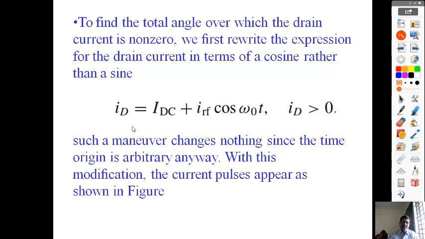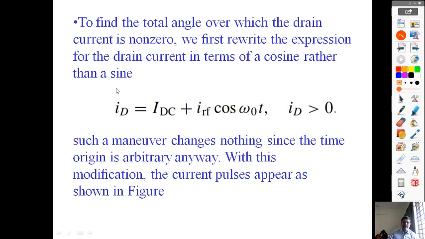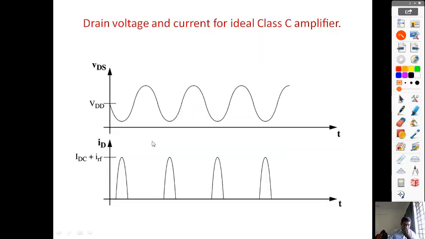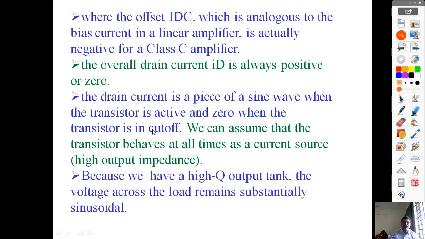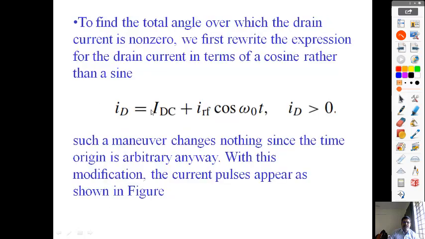With this modification, the current pulses appear like this. Now we set the current equal to 0 and solve for the total conduction angle 2 pi. We set this current to 0, because in the other parts the current is 0.